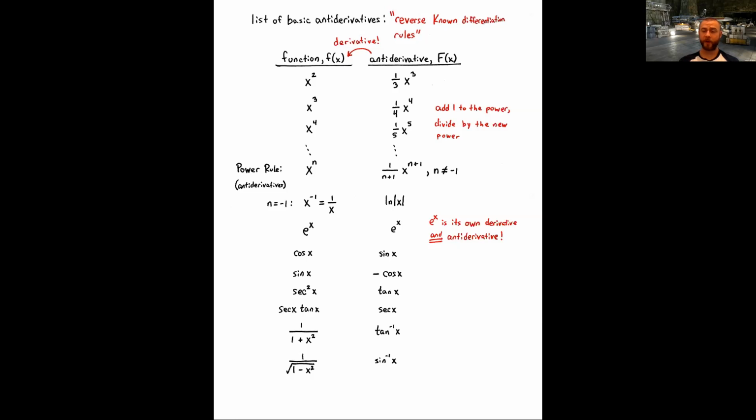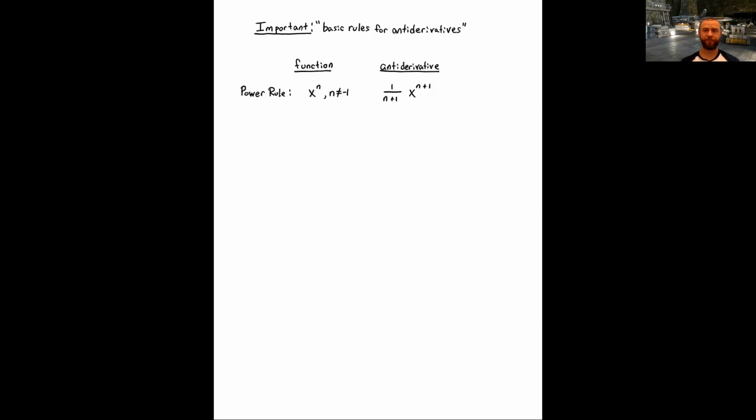All right, at this point, we're basically going to jump to some examples, but to prepare you for some of those examples, let's review some rules from what we covered already in this lecture, and then think back to some other rules for finding derivatives. So let's first review what we introduced so far as some basic rules for antiderivatives.